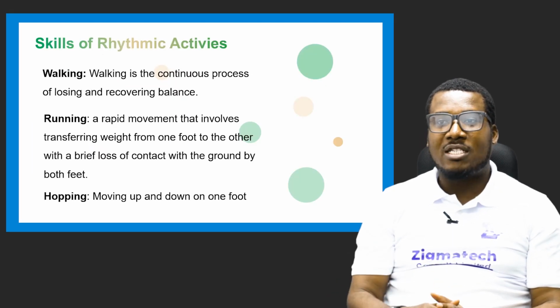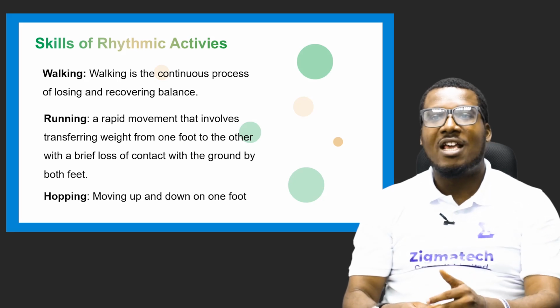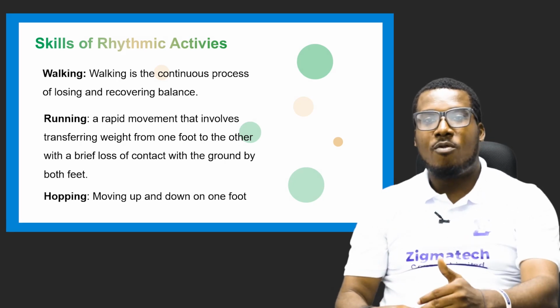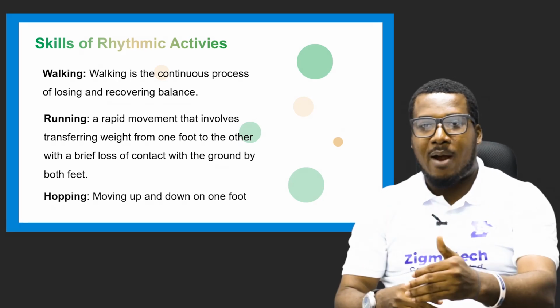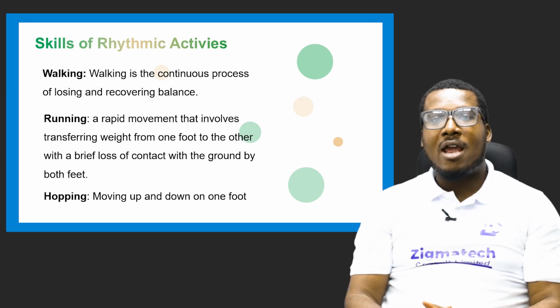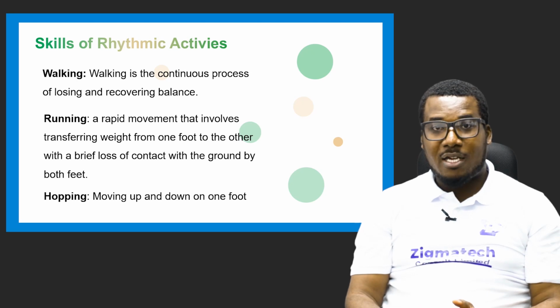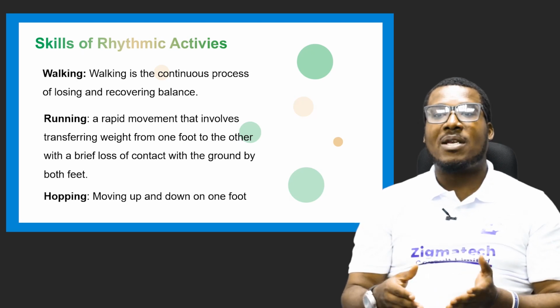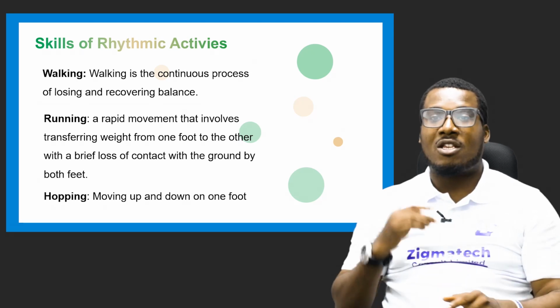So we have the walking. It's a continuous process of losing and recovering balance. So you're moving, you're losing, and you're recovering balance with each stride, with each step you take. Meanwhile, running has to do with a rapid movement. So while one is slow movement, one is rapid.